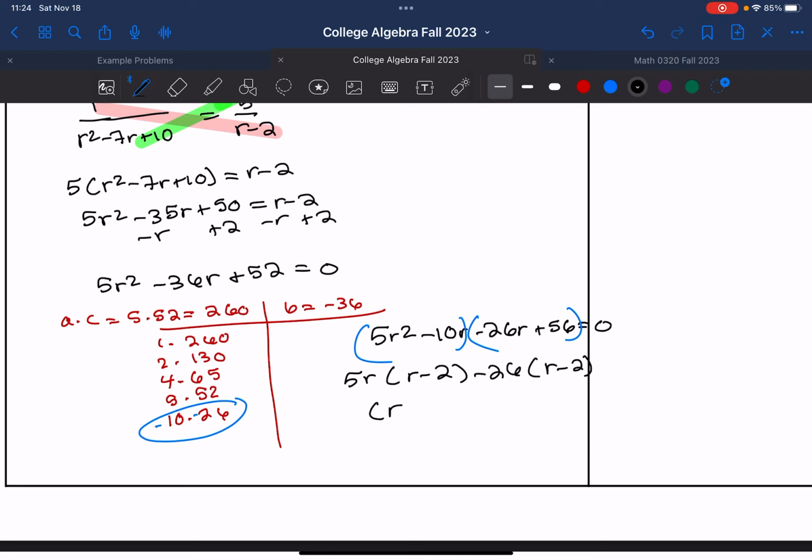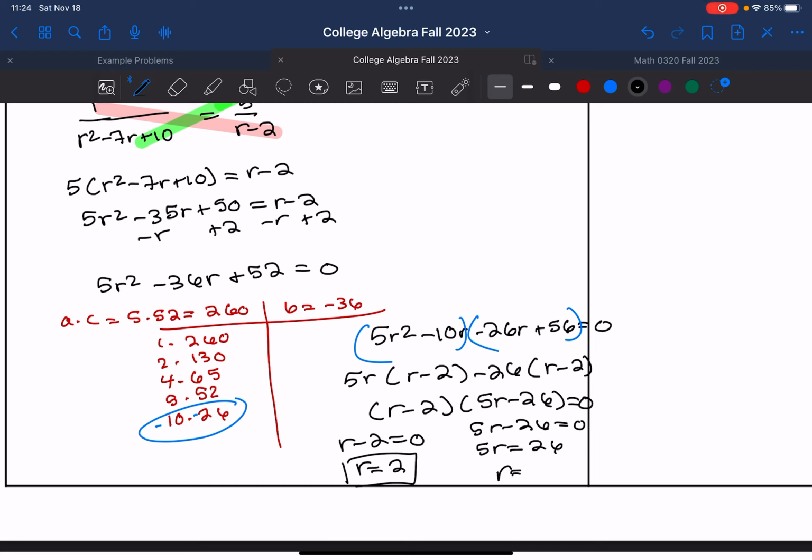So I have the factors r minus 2 and 5r minus 26 equals 0. So r minus 2 equals 0 means that r equals 2. And 5r minus 26 equals 0. I have 5r equals 26. So r is equal to 26 fifths, or 5.2.